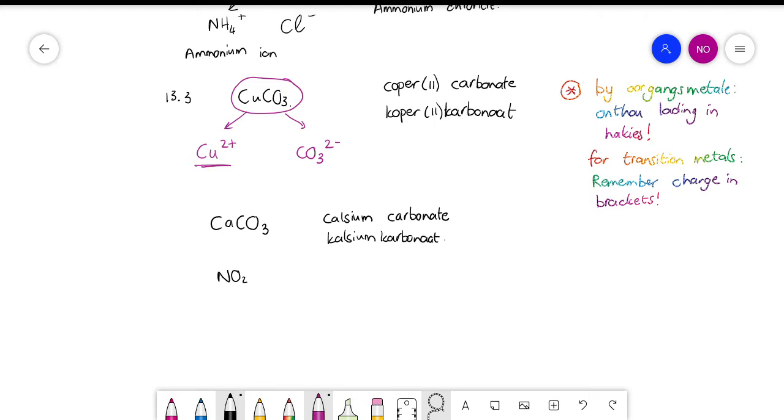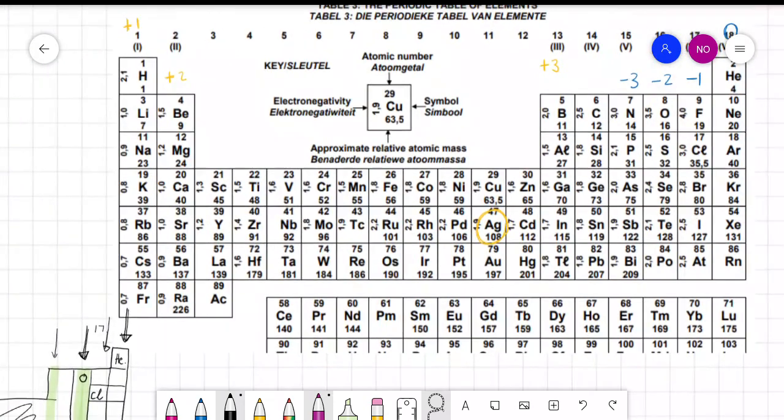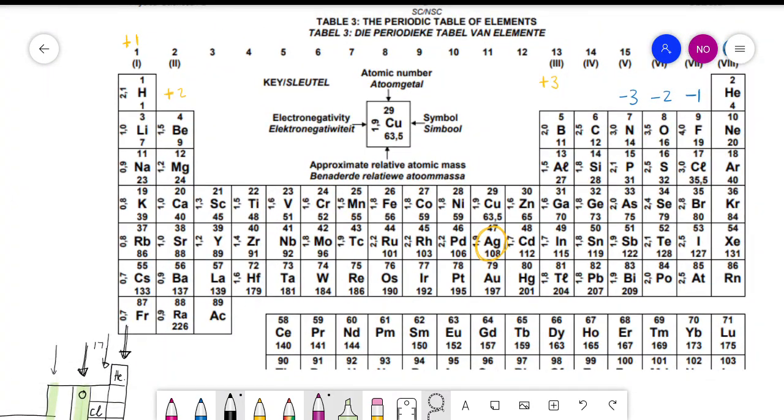What do you need? Why don't you put the brackets? Okay, look at your periodic table. You see there's calcium. Okay, what's the charge of calcium? No, that's the atomic number. Charge.